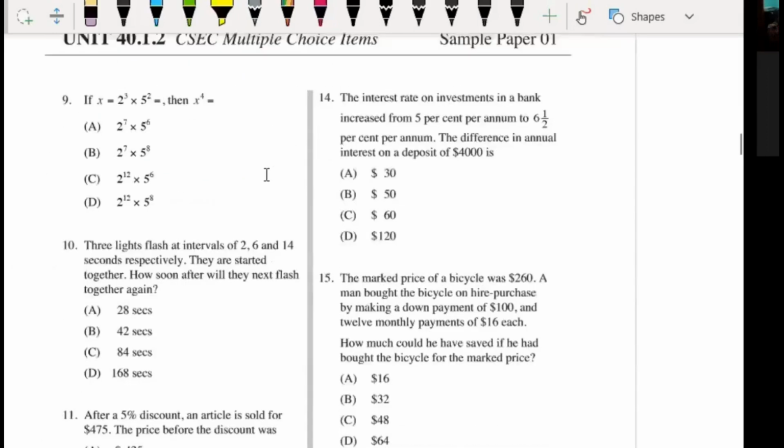Question 9. If x is equal to 2 to the third power times 5 to the second power, then x to the fourth power is equal to.